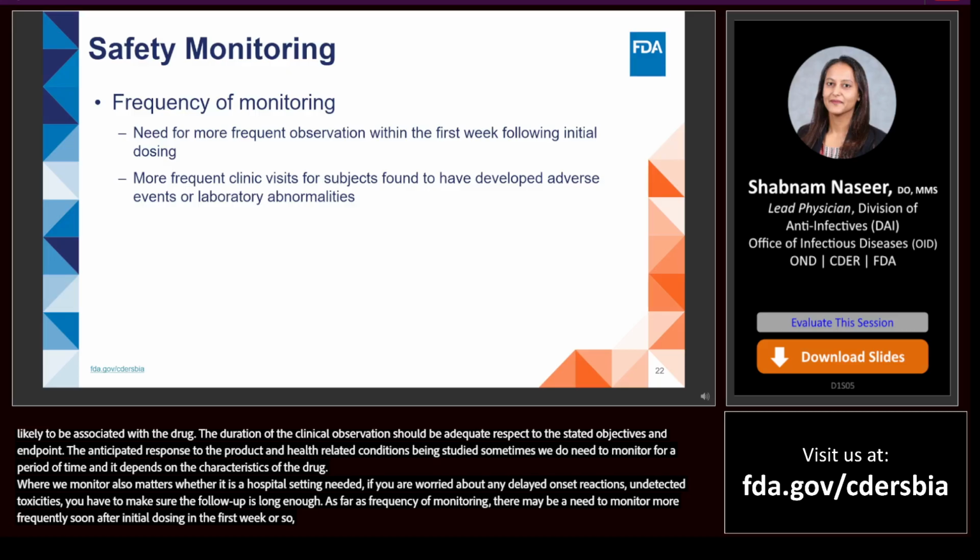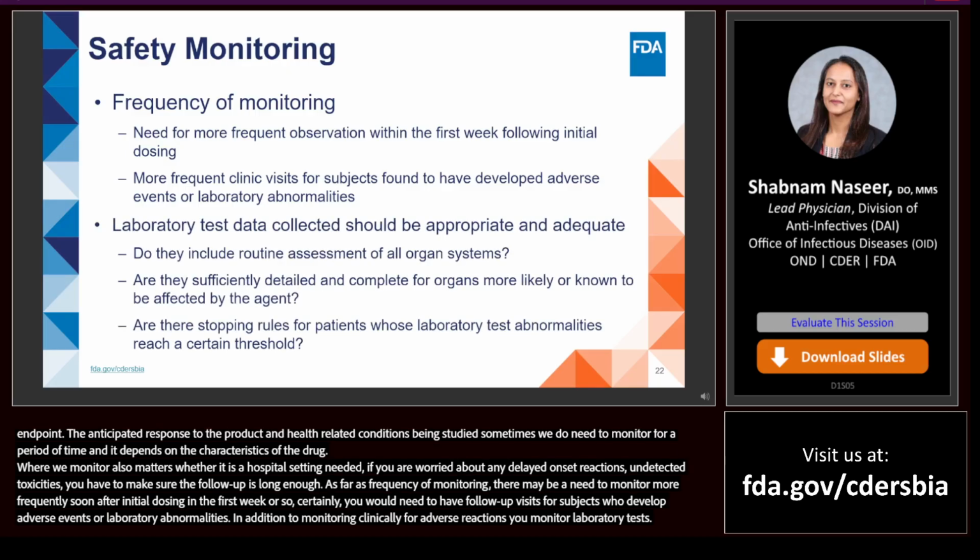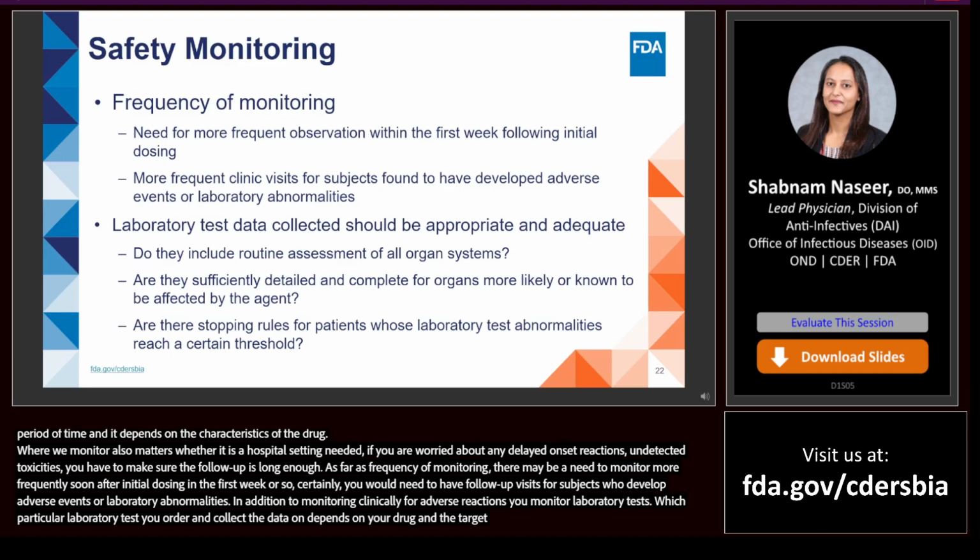In addition to monitoring clinically for adverse reactions, you'd also monitor laboratory tests. And then which particular laboratory tests you order and collect the data on really depends again on your drug and the target organs of toxicity. You want to ask yourself if the laboratory tests would include routine assessment of all organ systems.